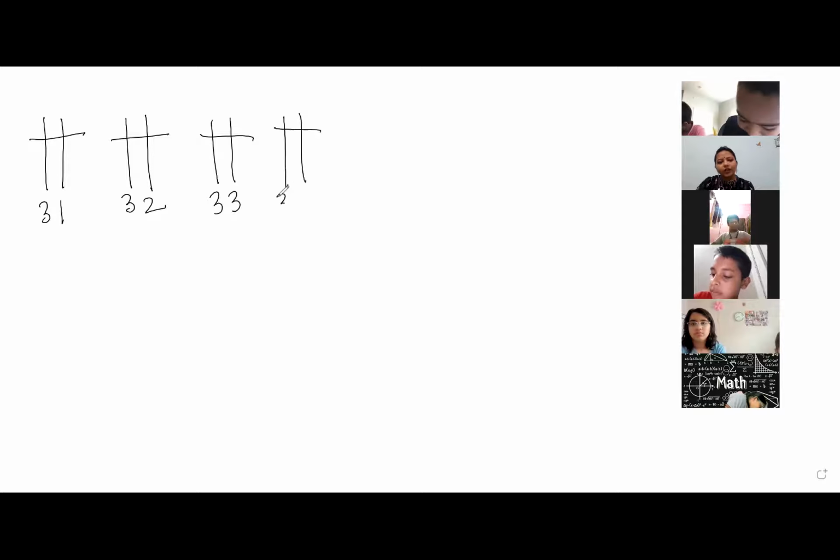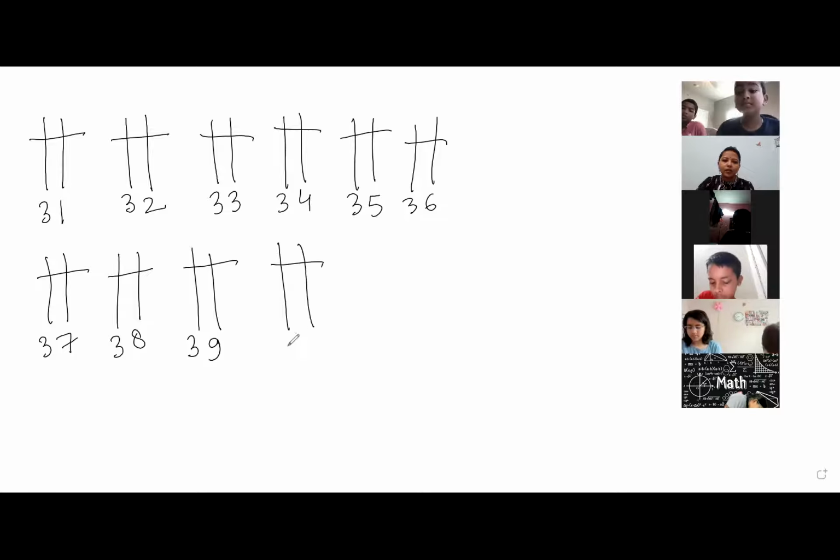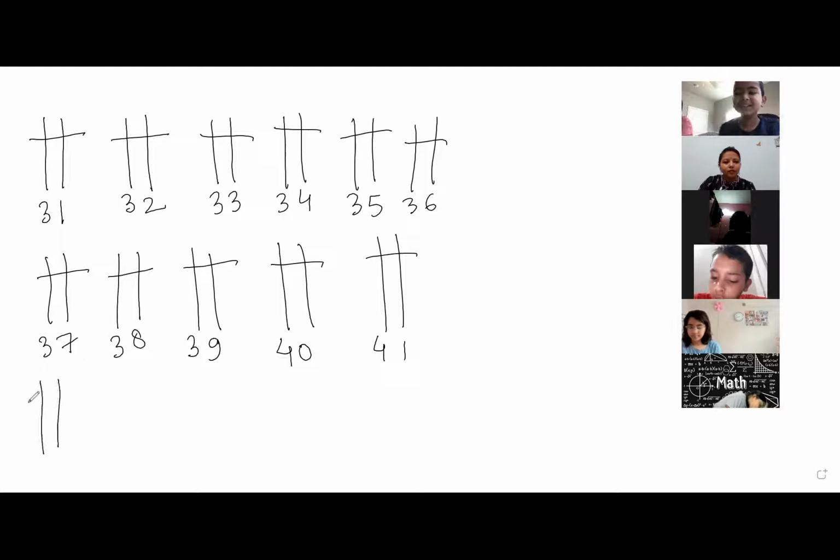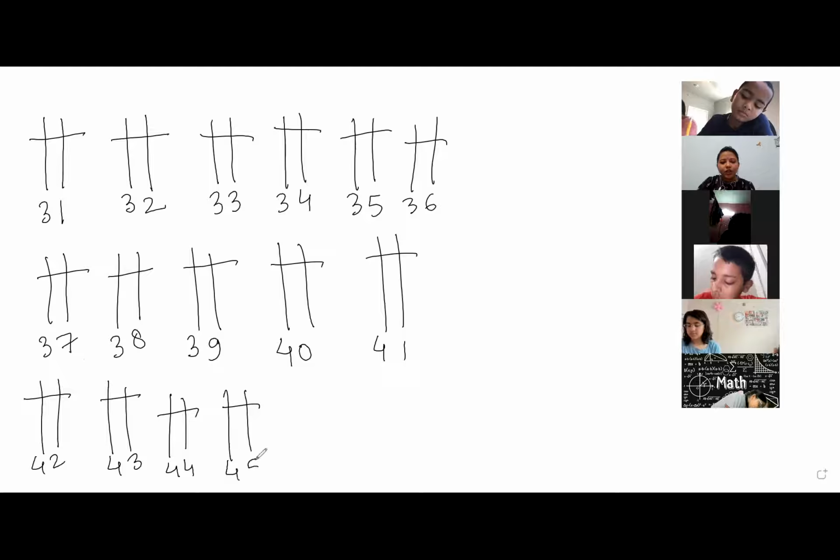33, 34, 35, 36, 37, 38, 39, 40, 41, 42, 43, 44, 45.